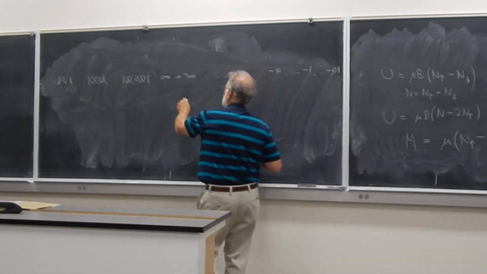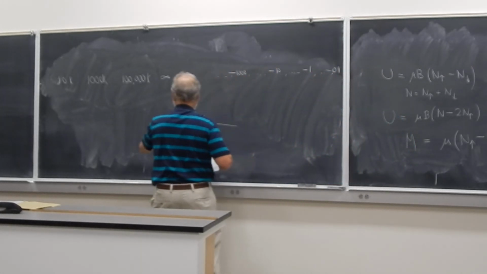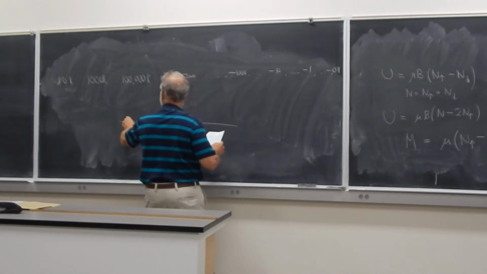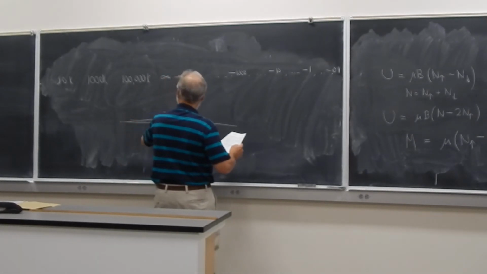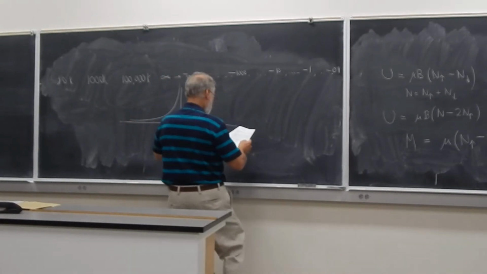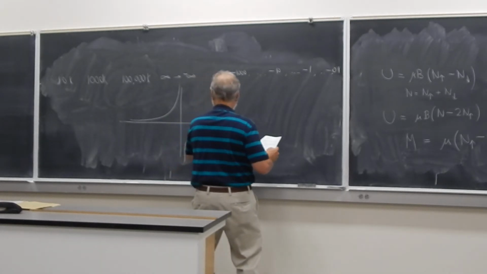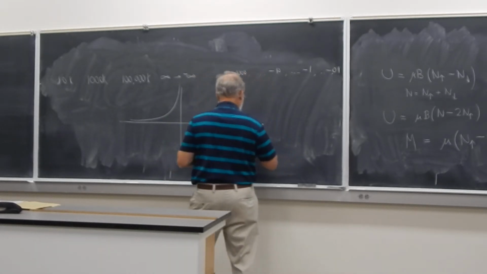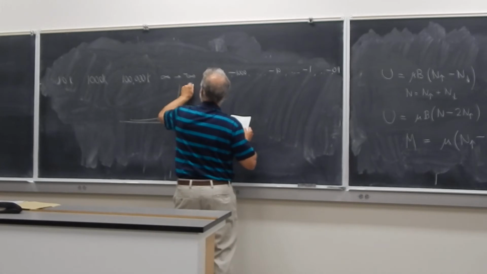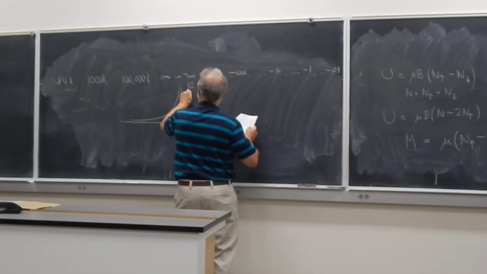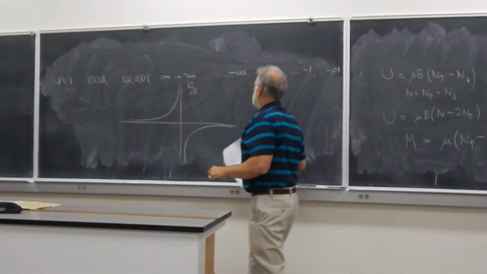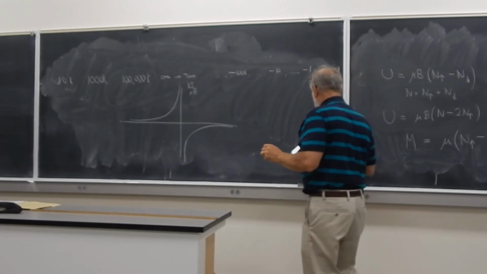Well, take a little look at a plot. Looks something like this. And so this would be a plot of kT divided by mu times B, so the ratio of thermal energy to magnetic energy.